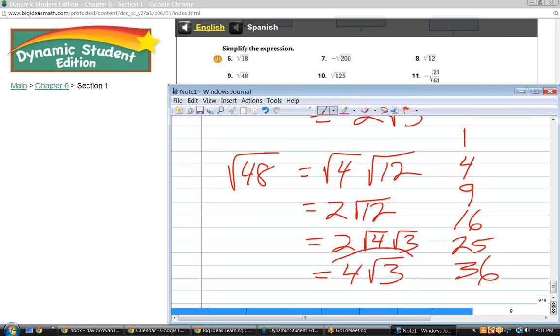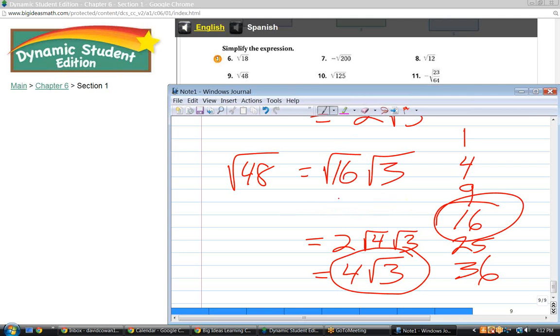Well, that means we must have missed the maximum perfect square. Which of these numbers over here on the right is the maximum number that divides into 48? Wait, 16. 16 goes into 48 exactly 3 times. So if I'd have seen that, I'd have gotten to the answer immediately.